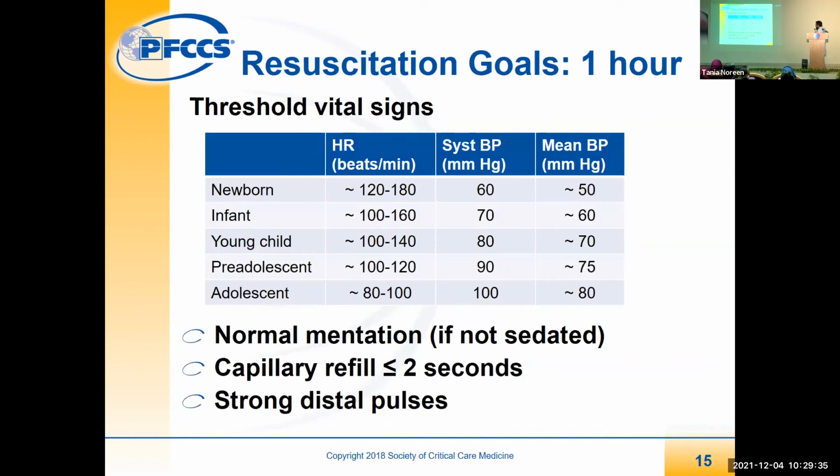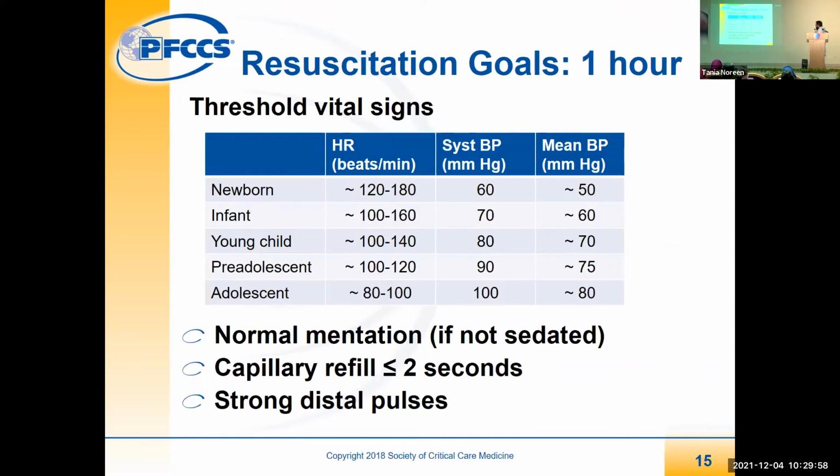So it's goal-directed therapy. The most common signs we come across in a shock patient are tachycardia, and ultimately hypotension. So heart rate, and if the patient is awake, respiratory rate, are very important.